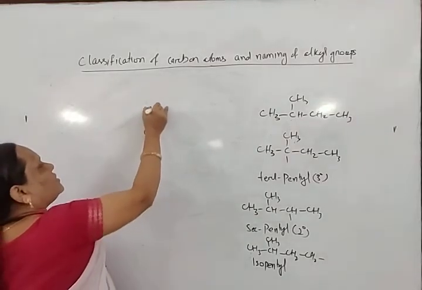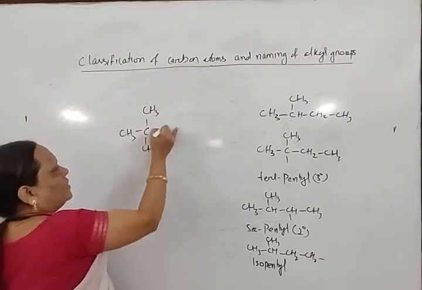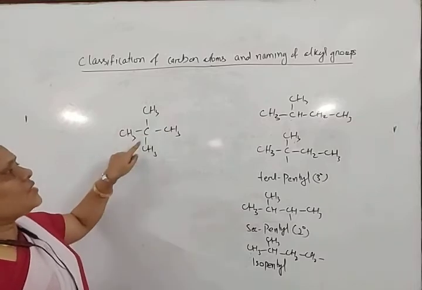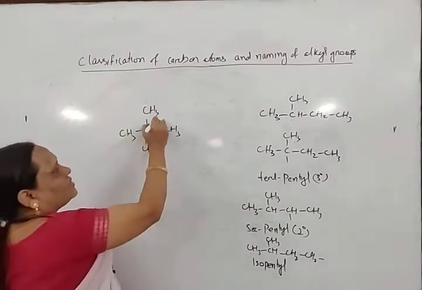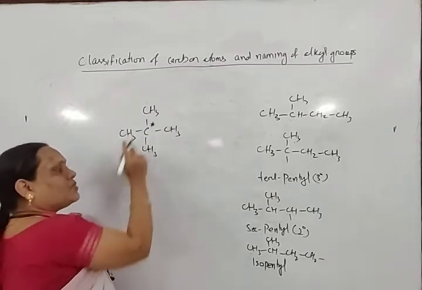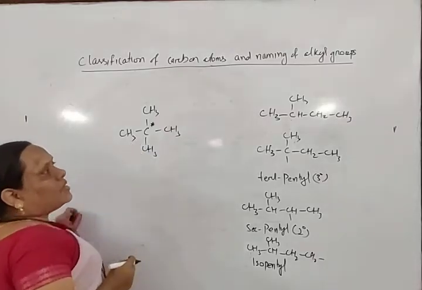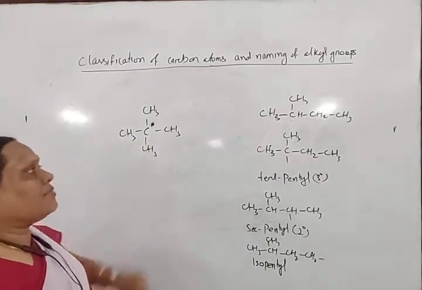Look here: CH3, CH3, CH3, CH3. Here this carbon is directly attached to four other carbon atoms, so this is your quaternary carbon atom, or we can say 4-degree carbon atom.